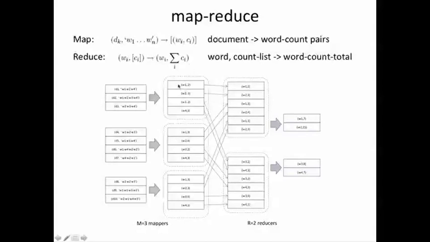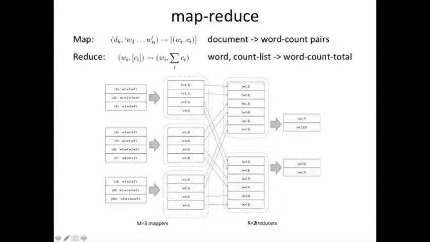So all the pairs having W1 manage to get to this reducer where they can get added up to get the correct value for W1. So we got a W1 from here, we got a W1 from here, we got a W1 from here, and we added all of these up to get a value of 7.